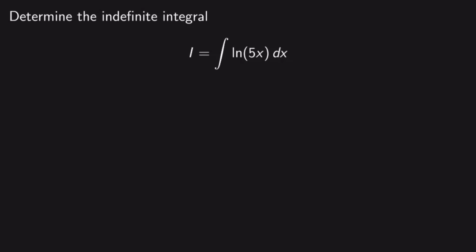So scrap that idea. And instead, what we need to notice is, hey, ln of 5x, I actually know the derivative for that. That whole expression, it's a composition, but it's a really easy chain rule. I know the derivative for that. And so actually what's going to happen here is that u is going to be that entire expression, ln of 5x.